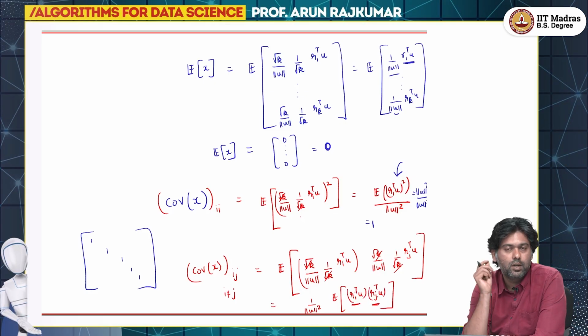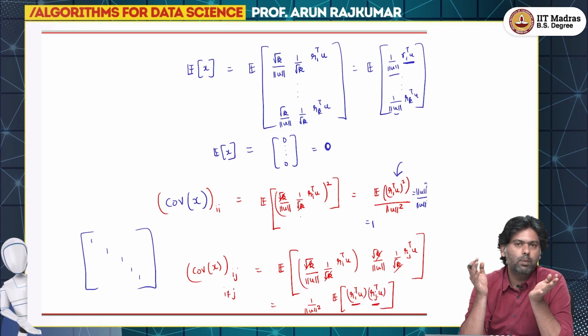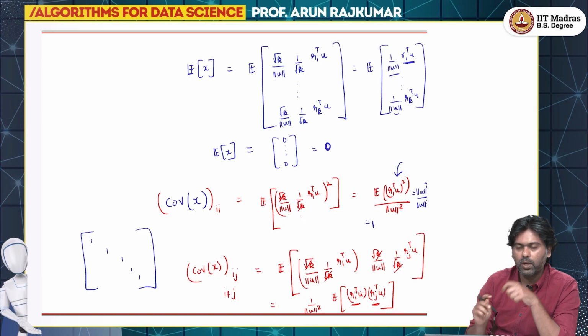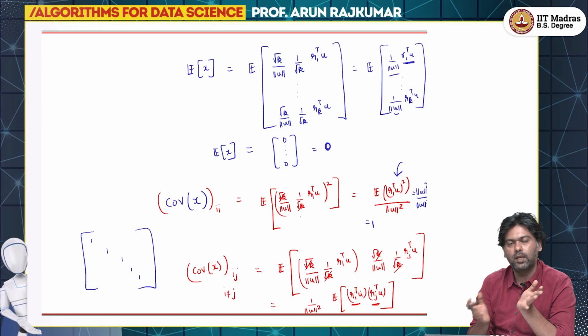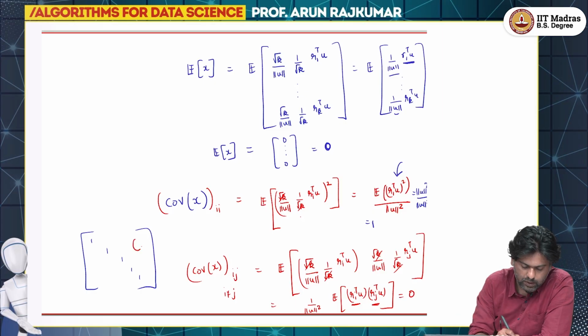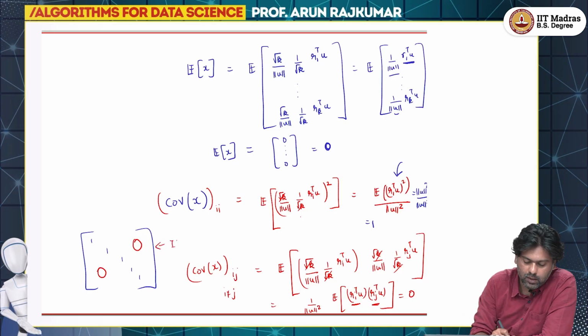Well, but ri transpose u and rj transpose u are independent random variables with mean 0 and variance norm u squared. Because they are independent, the expected value of their product is the product of their expectations, and each of their expectations is just 0. So, this whole thing is just 0, which means the covariance matrix has diagonals all 1, everything else 0, so the covariance matrix is just the identity matrix, k cross k.